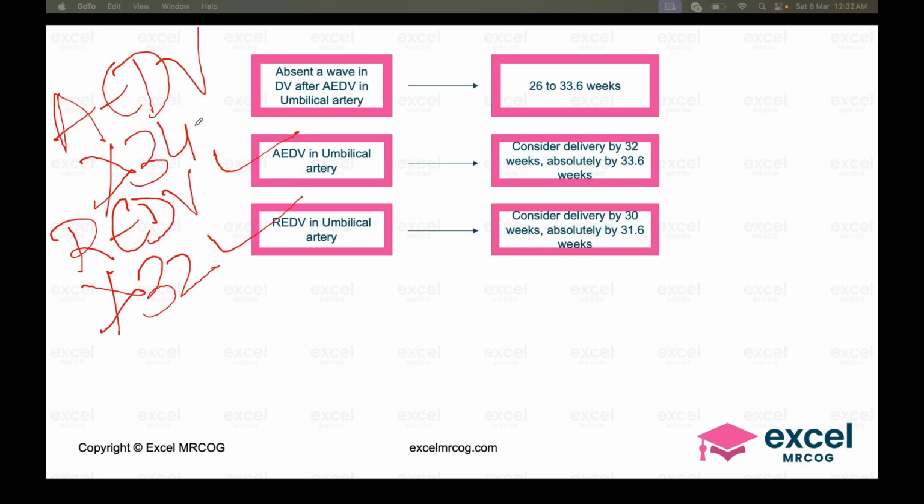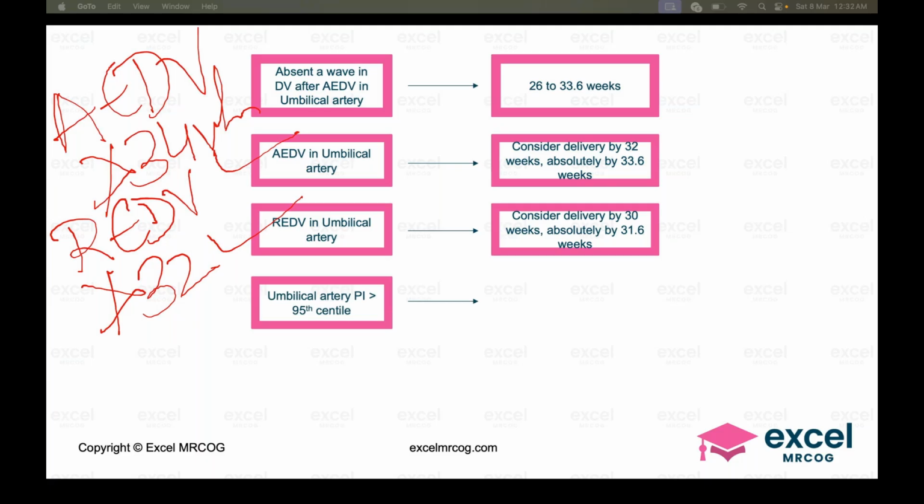Deliver by 34, deliver by 32. Doesn't mean you should not deliver earlier than that. Earlier than that, you look at other factors: whether you have given her steroids, whether the mother has any condition that needs delivery, whether she has good fetal movements or not. If all of these factors are fine, you can continue the pregnancy.